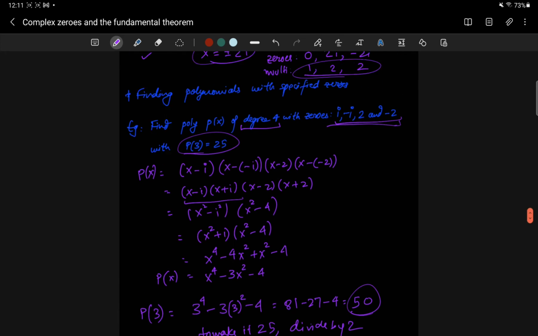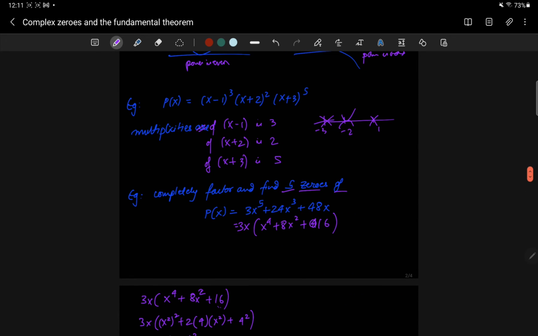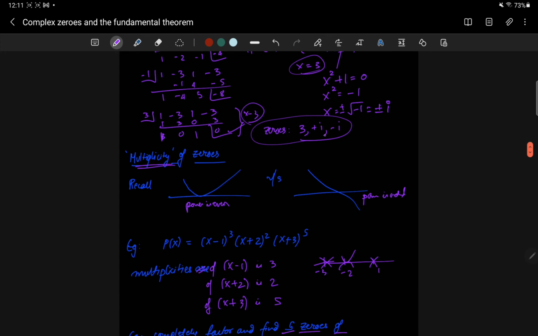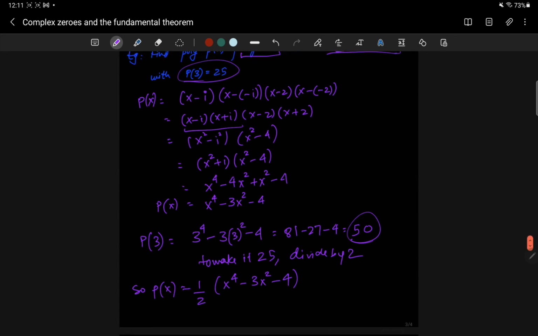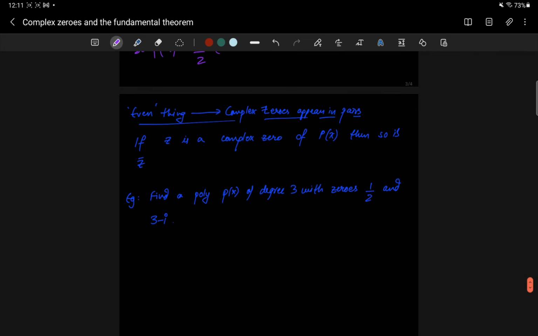And you will notice here that these complex roots, in both these examples, appeared in pairs. So you have i and minus i, you have 2i and negative 2i. So this is actually a fact, that the complex zeros appear in pairs. And these pairs also have a specific structure, which is something that you've learned in complex numbers before, called conjugates.